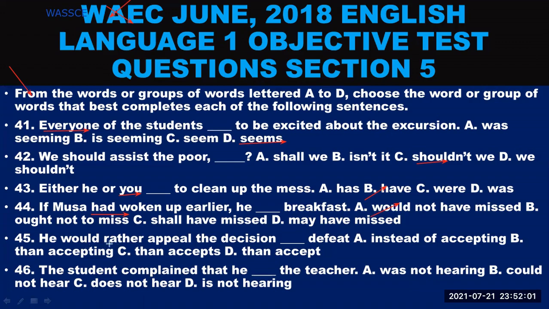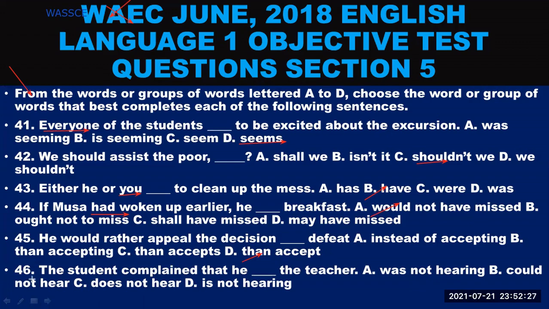So when you have rather, it always goes with than. He would rather appeal the decision than accept defeat. So D is correct, than accept defeat. Now, instead of accepting defeat is wrong, than accepting is wrong, than accepts is wrong.